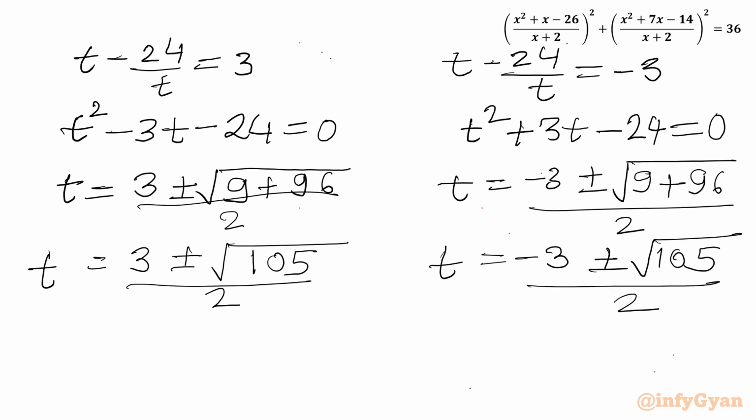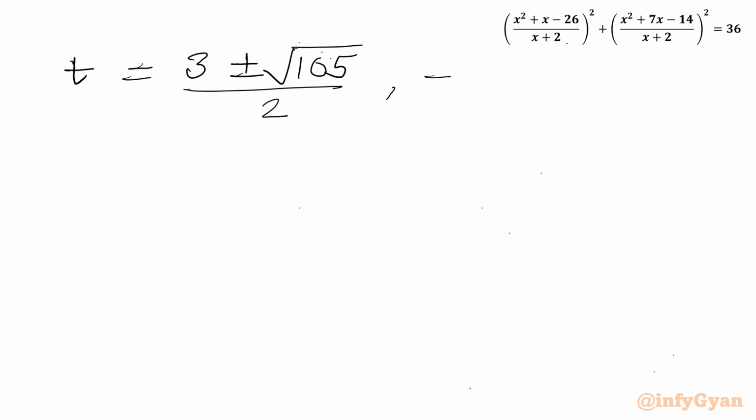Now t was our substitution, it was x + 2. Let us replace t with x + 2. So I will be writing here t = (3 ± √105)/2 and (−3 ± √105)/2.